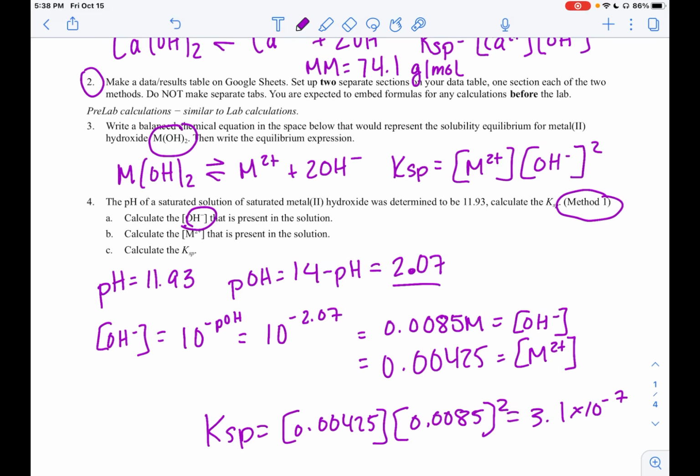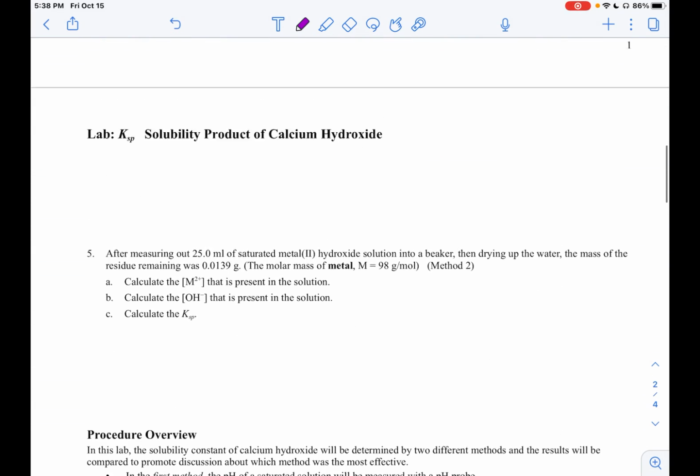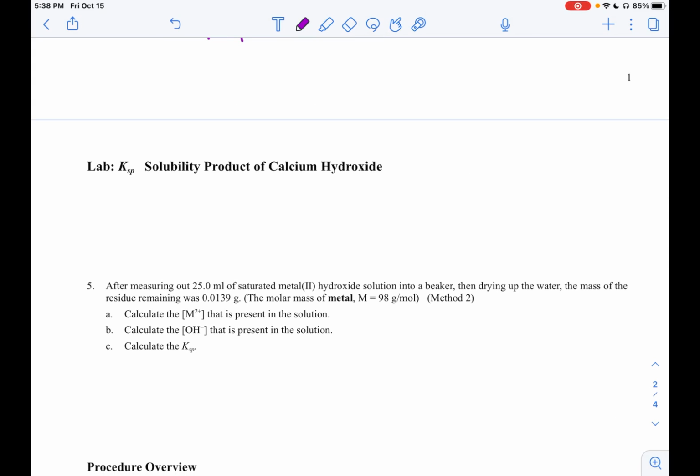So now let's take a look at method 2. So here we're going to have 25 mL of saturated metal 2 hydroxide. All right, so for method 2, we're first going to figure out what the concentration of M2+ is, okay? So to do that, we have to figure out the molarity or the concentration of calcium hydroxide first, okay?